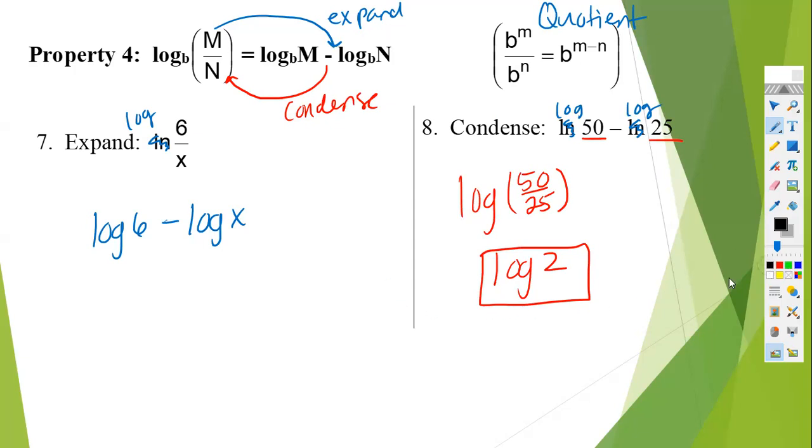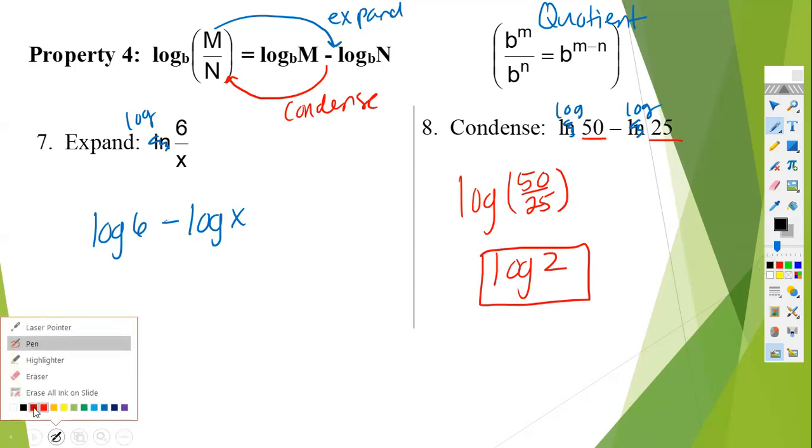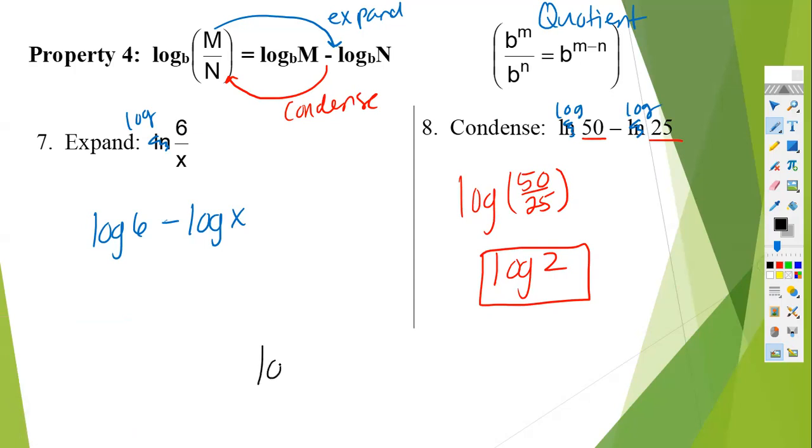All right, let's do a quick little out loud before we keep going. Are y'all ready? I have log 40 minus log 2. How can I consolidate that? Log base what?